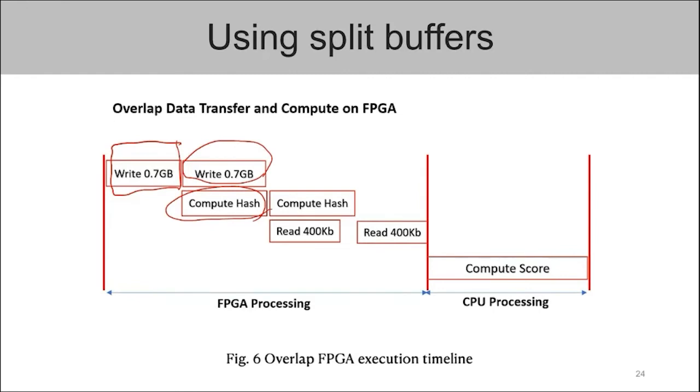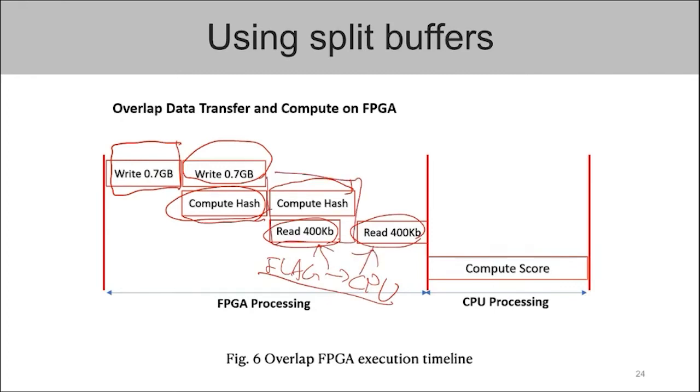Then after it computes the hash, it can start to compute the lower half. So it's a pipeline-like execution timeline. Also, the read, which means transferring the flag data back to the CPU host side, is split into 2 parts to overlap this time. So in theory, it can achieve better performance, right?